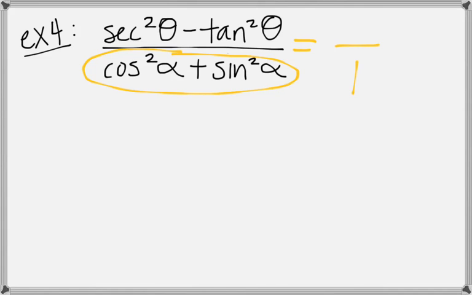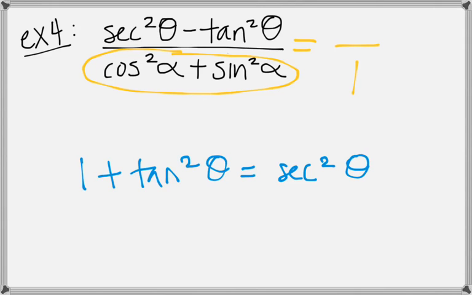All right, Saurav, why is that 1? You have 1 plus tan squared of x equals secant squared, so you subtract the tan squared of x, and you get secant squared of x minus tan squared of x equals 1. Good. So we just need to subtract this from both sides.